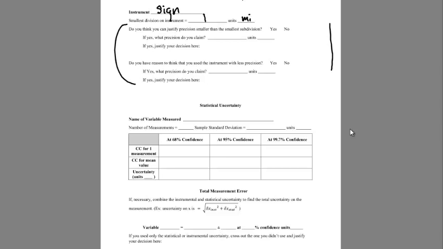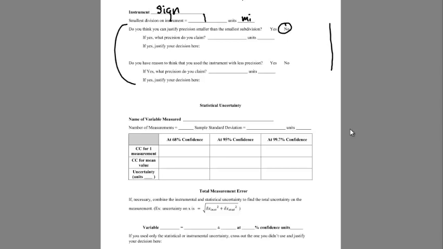So it's probably accurate to roughly 1 mile. And the question is, do you think we could justify a precision smaller than the smallest subdivision? And it's probably no. Unless we started looking at some other way of measuring the distance from where we are and where we're trying to get, we don't think we could probably estimate that.